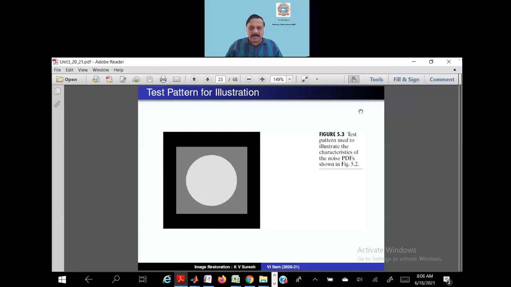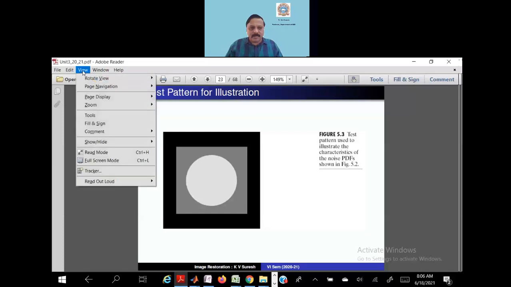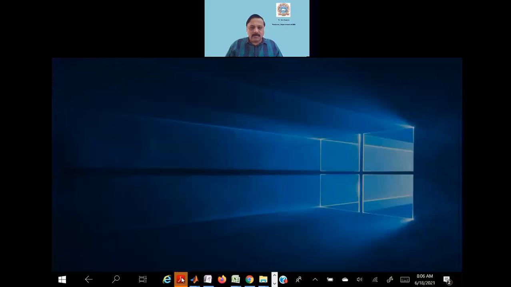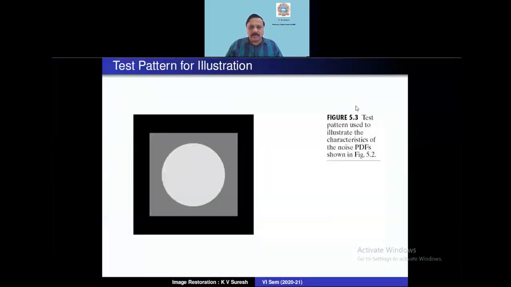This is the test pattern. Is the slide visible? Is the slide visible?